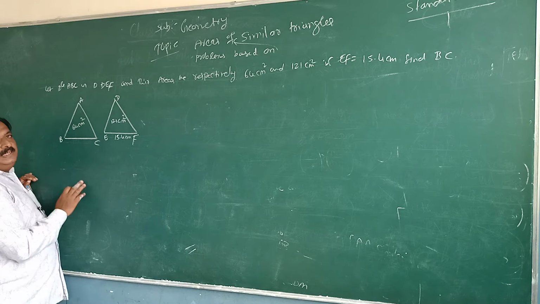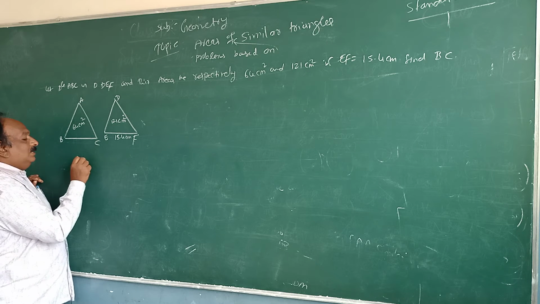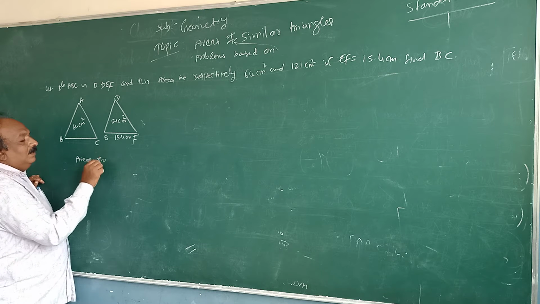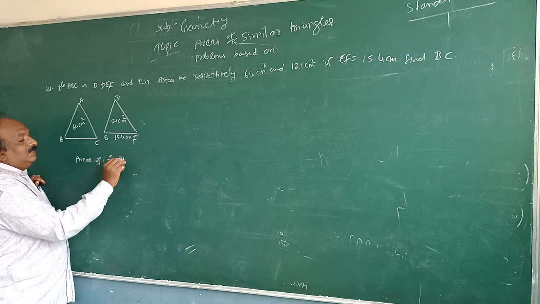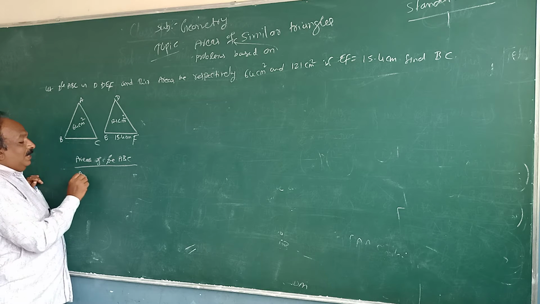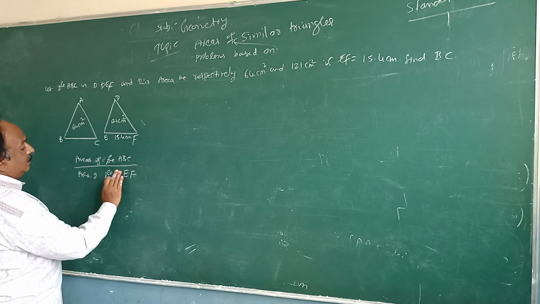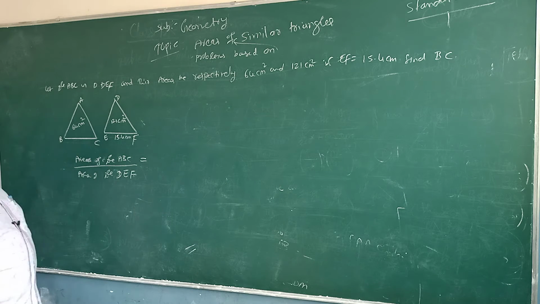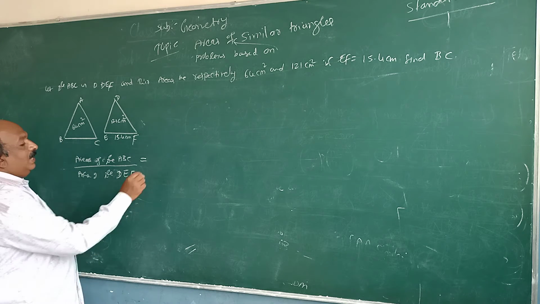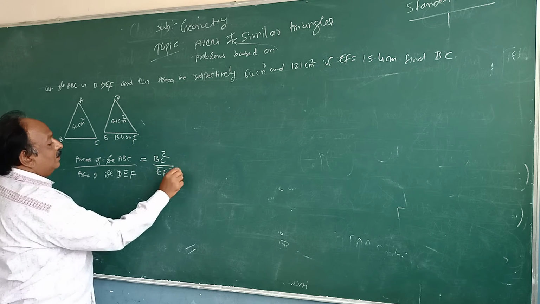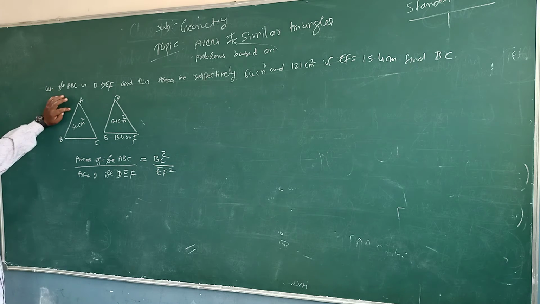So apply the theorem. Area of triangle ABC divided by area of triangle DEF is equal to corresponding side BC square by EF square. If they give AB, you take AB, DE.